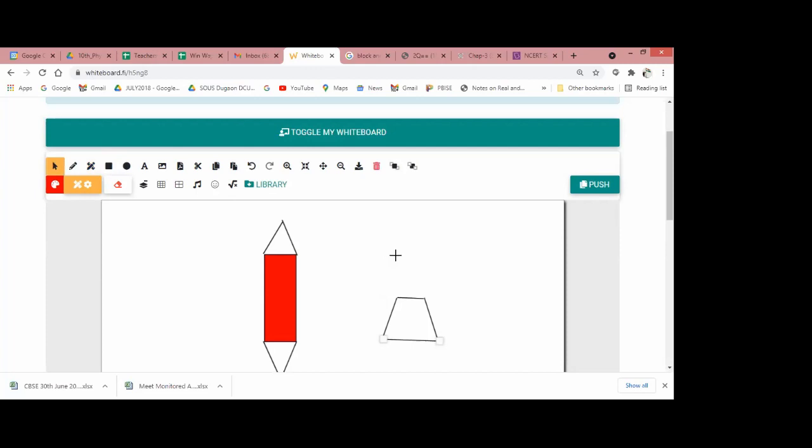Then we put in a little this thing, and then we again put an inverted triangle, maybe like this. Correct. So this somewhere would look like the concave lens. Correct.